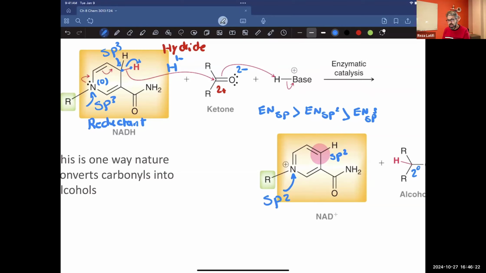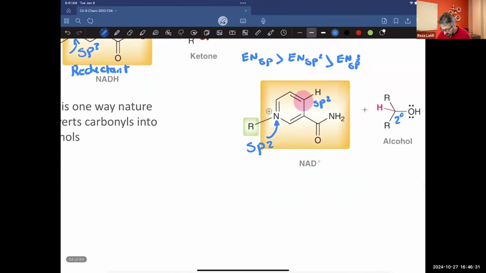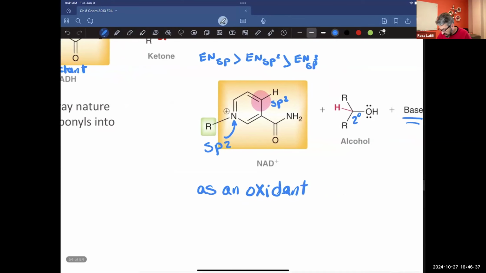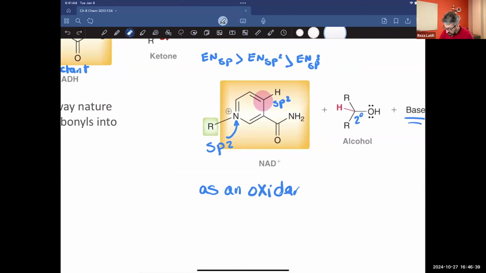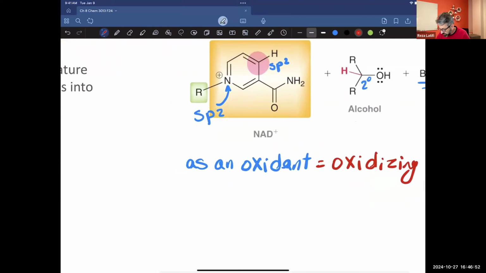So I'm going to say NAD+ is going to be really, really thirsty for electrons. What does it mean? It means it can behave as an oxidant, or oxidizing agent.